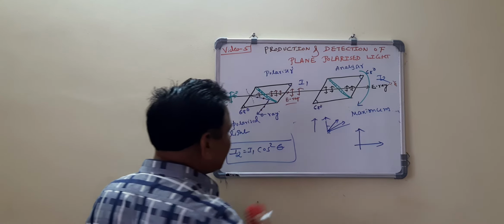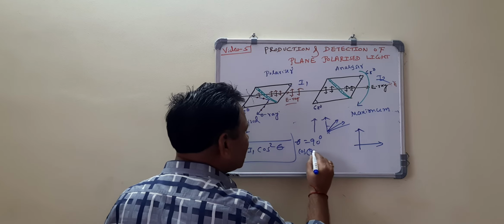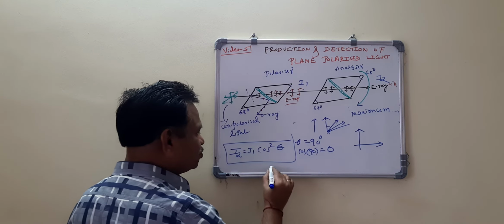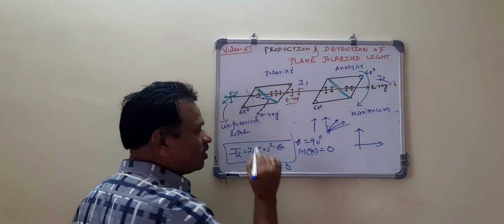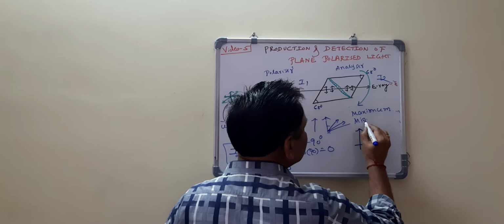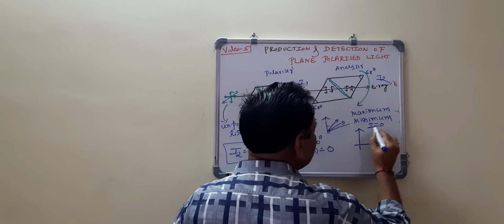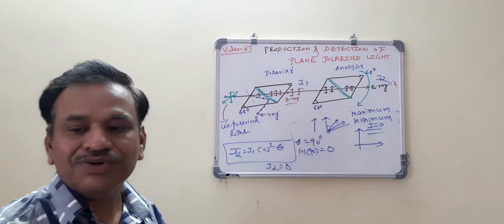When theta equal to 90 degree, then cos of 90 equal to what? 0. Substitute this, I2 equal to 0. This is the minimum. The minimum means I equal to 0.